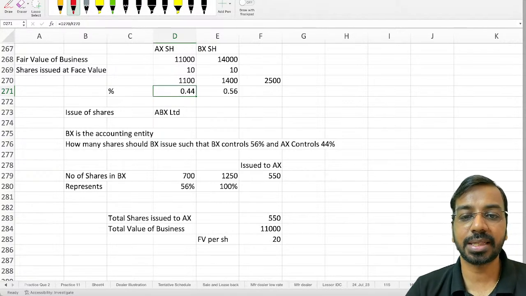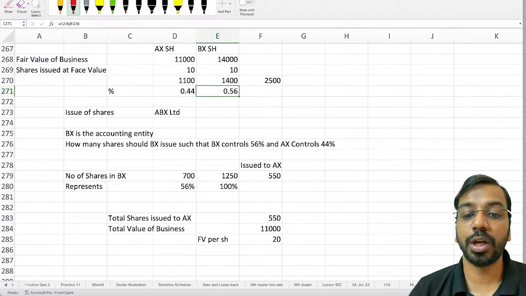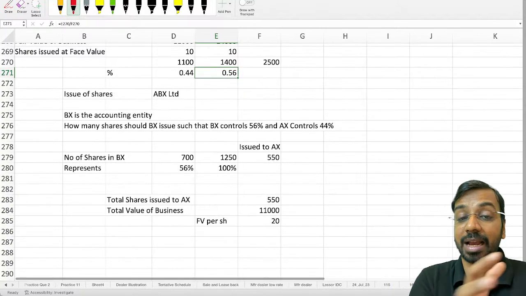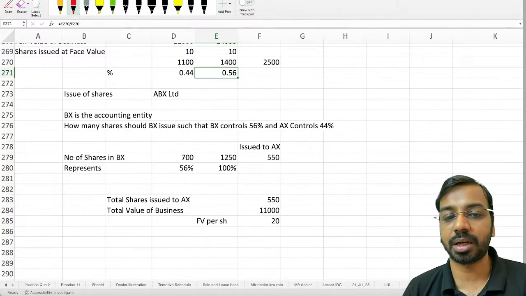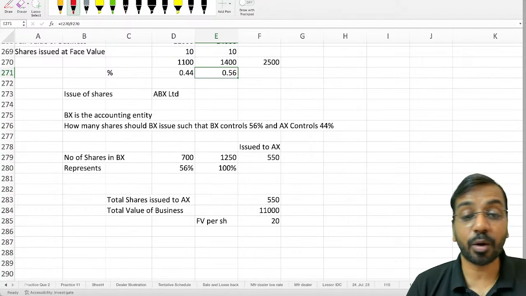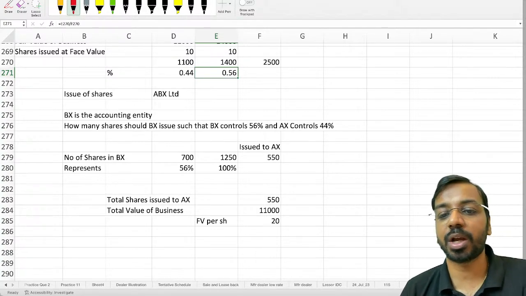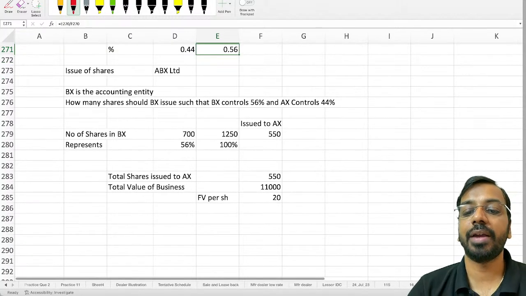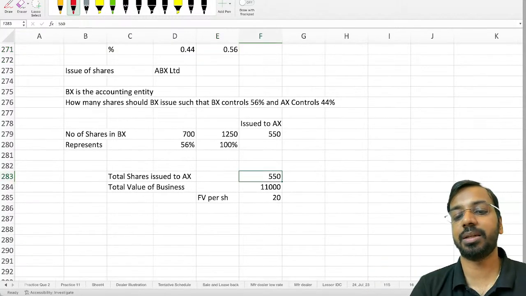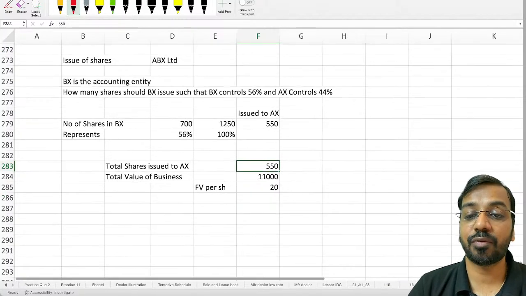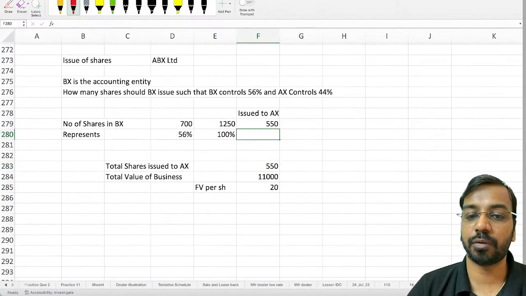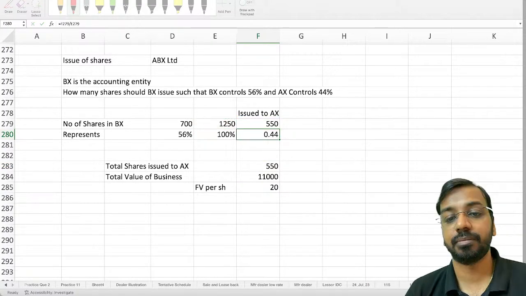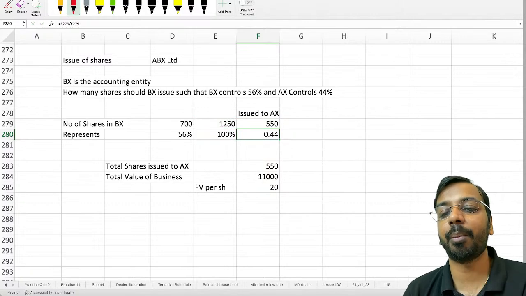So here BX will control 56%. The accounting is done as if BX is acquiring AX Limited. BX has to issue 550 shares to AX Limited, so that AX has 44%, 550 out of 1250, and BX continues to hold 56% in the combined entity.